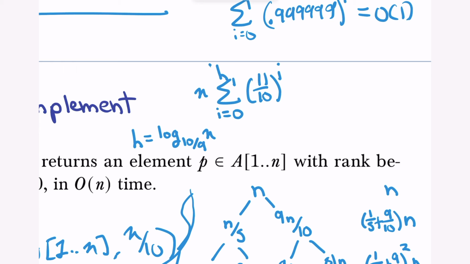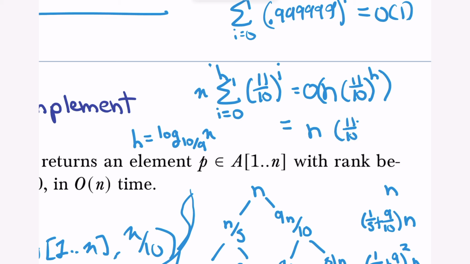Always dominated by the largest term up to some constant. The exact formula will get you the constant in front, but you're always going to get n times, up to some big O, 11/10 to the h. Okay. I can't get rid of the h because h is a function of n. Yeah. And you'll get n times 11 over 10 to the log base 10/9 of n.